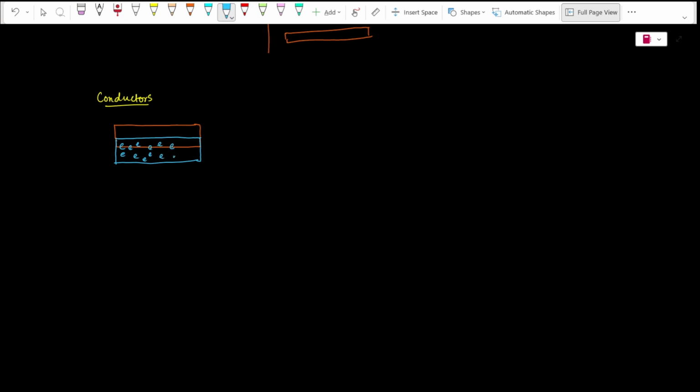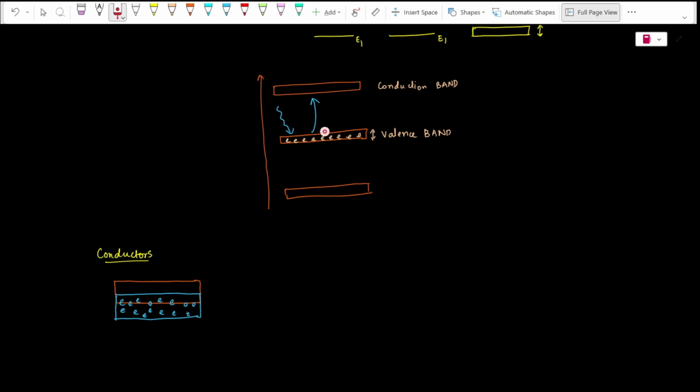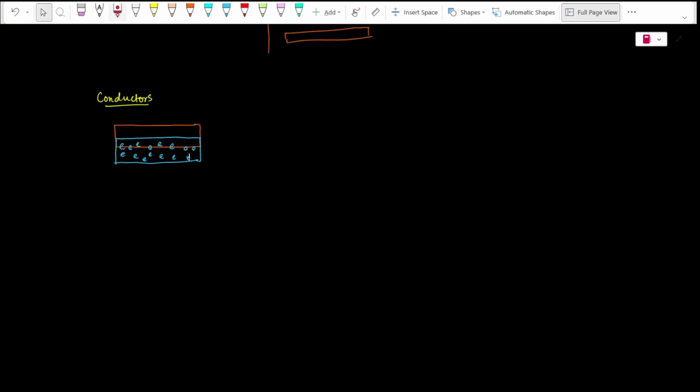Now, as a result, since my valence band and conduction band have an overlap, there are some electrons present in the conduction band even without applying any energy. So I can say that the conduction band in this case, which is that of conductors, is not free of electrons.